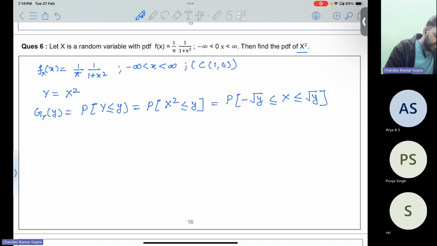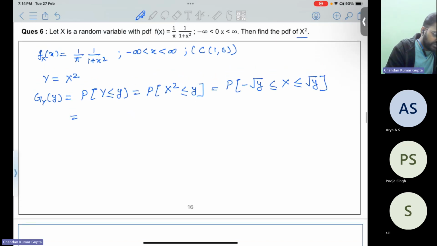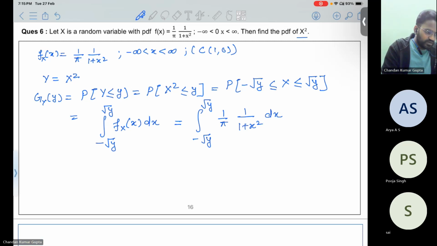Now the probability of this can be written like this: the integral from minus root y to root y of fX dx, which is equal to the integral from minus root y to root y of 1 upon pi times 1 upon 1 plus x square dx. Clear up to this point?